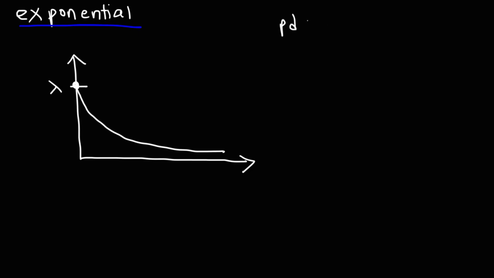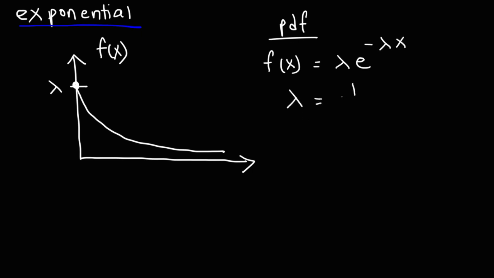The probability density function for an exponential distribution is the function f of x, which describes the shape of the distribution. And f of x for this particular distribution is lambda e to the negative lambda times x. And lambda is the rate parameter. It's 1 divided by the mean.